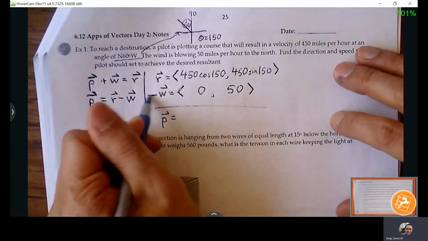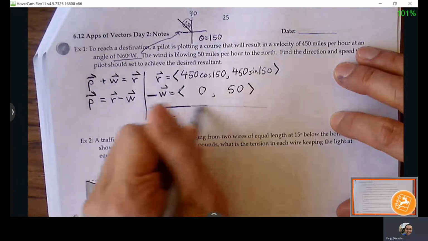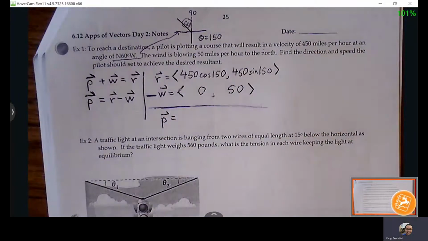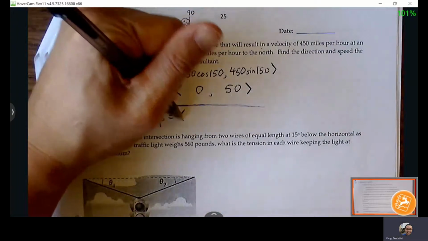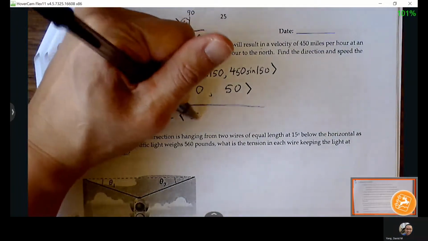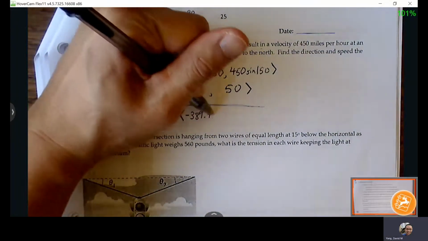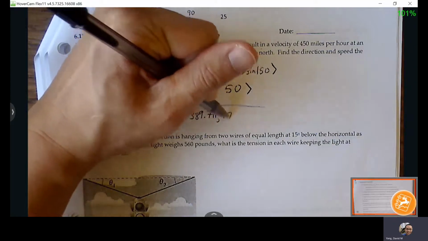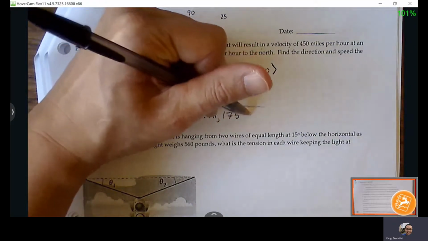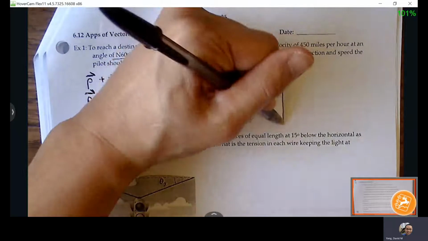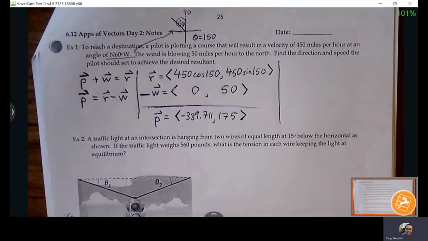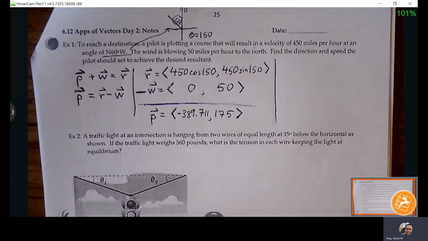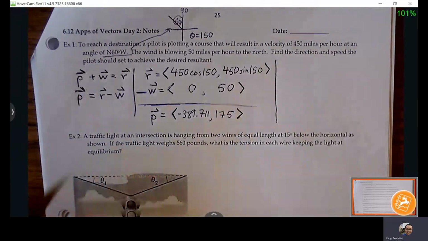Highlight, make sure that we understand that we're subtracting these two together. Okay, so now we just do everything that we've been doing before, direction and speed.